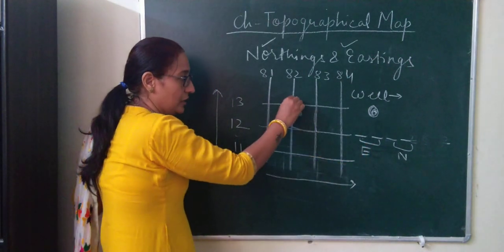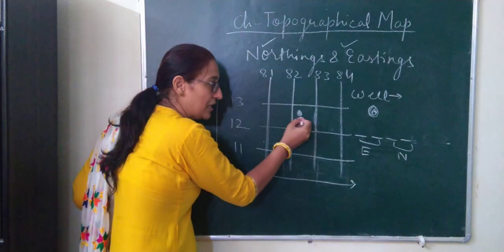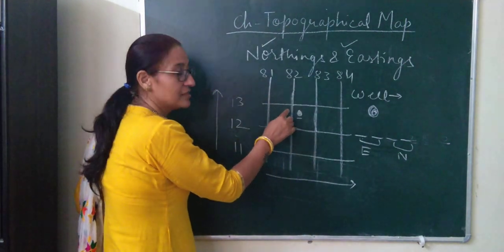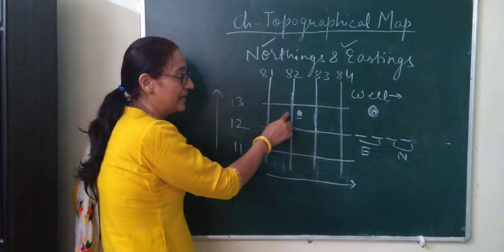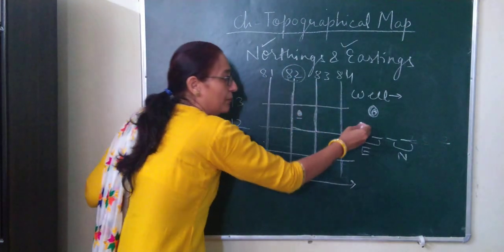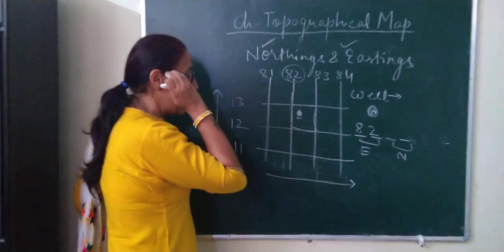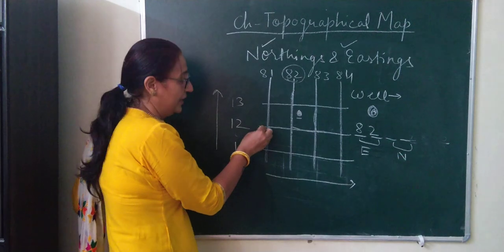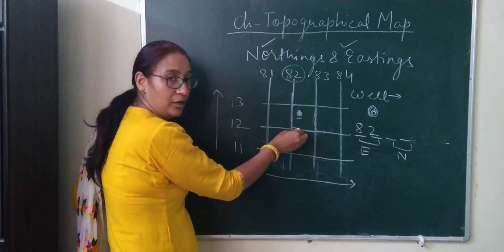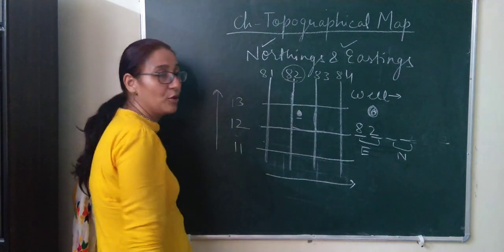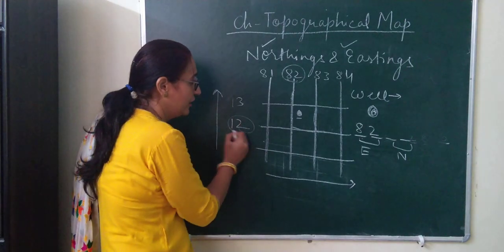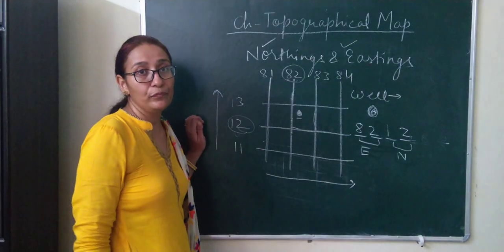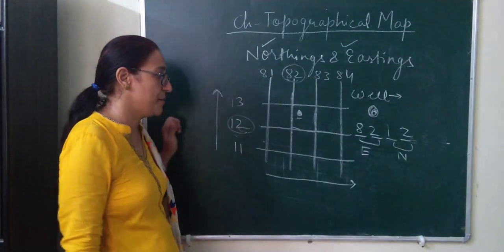And what is the easting number here? The west side standing easting line indicated with number 82 will come here, and the sloping line, horizontal line, northing line, that is at the bottom. This line is lying at the bottom of this symbol indicated with 12. So this will be considered as the 4 figure grid reference of this symbol.